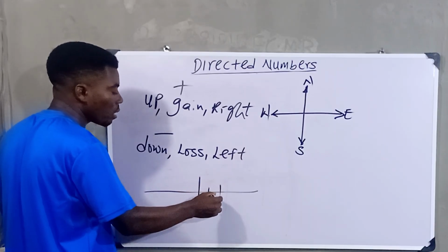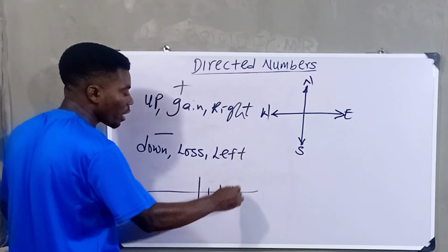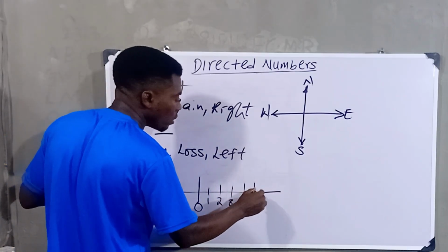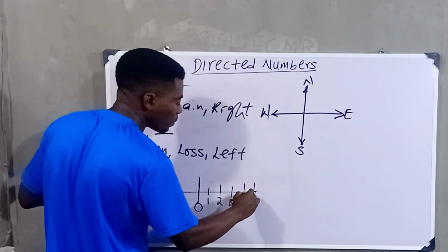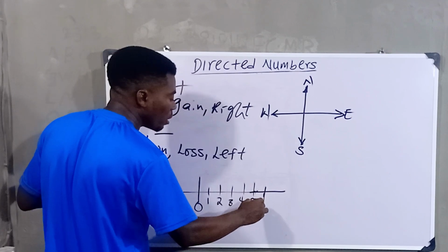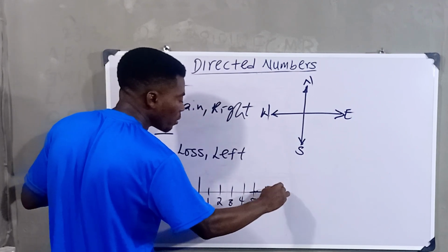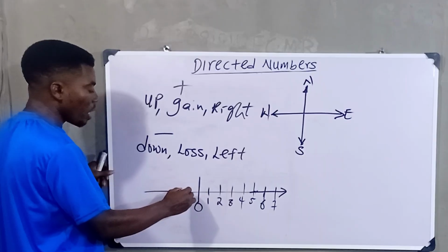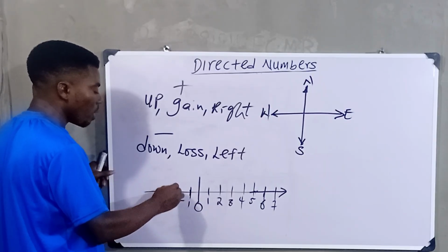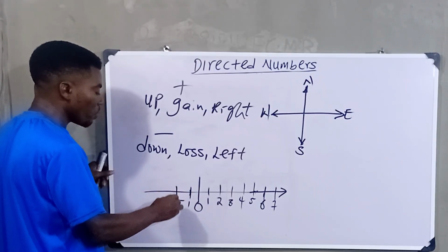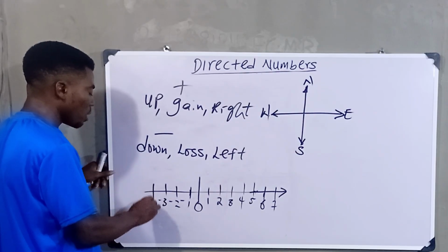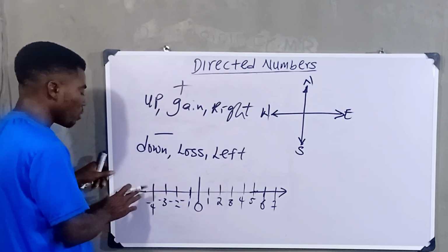For example, we have 1, 2, 3, 4, 5, 6, 7, till infinity. And then to the negative, we have -1, -2, -3, -4, and so on.